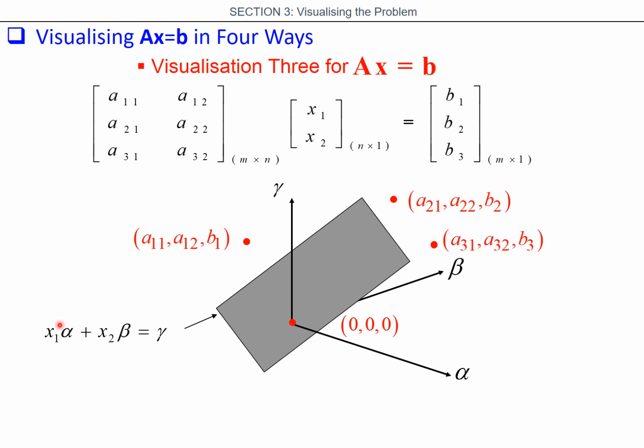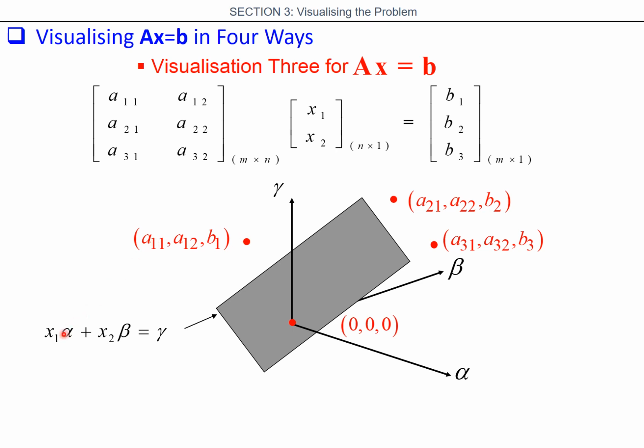Now what's the criterion for estimating x1 and x2? Well, we want to make the left-hand side equal to the right-hand side. So for example, we know that plane must go through the origin, because when alpha equals beta equals gamma equals 0, it'll go through that origin. Now what we'd like to do, keeping the plane going through that point, is adjust the plane upwards, downwards, or twist it such that it now picks up that point.